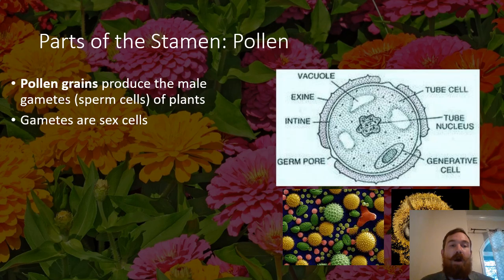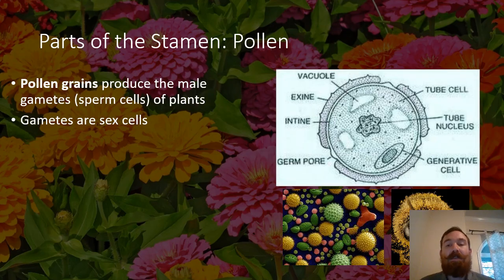Okay. Pollen. So pollen grains are often thought of as plant sperm, but this is not technically correct. Pollen grains are actually a tiny, they call them a gametophyte. So the correct way to think about pollen grains from an evolutionary perspective is that this is actually its own organism.